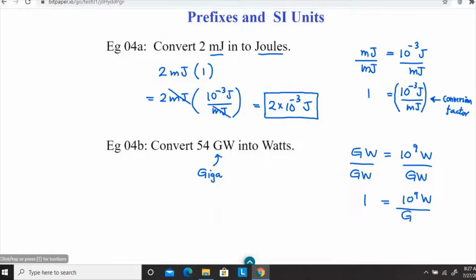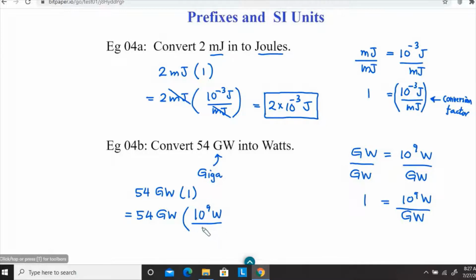So then 54 gigawatt times 1. It does not change anything. And in the second line, I'm going to substitute for that 1 the required conversion factor for this particular conversion.